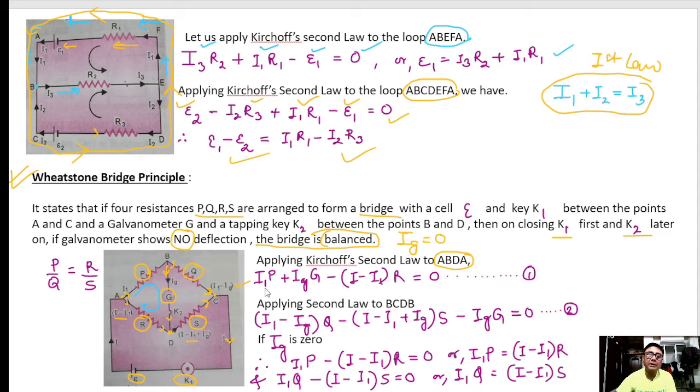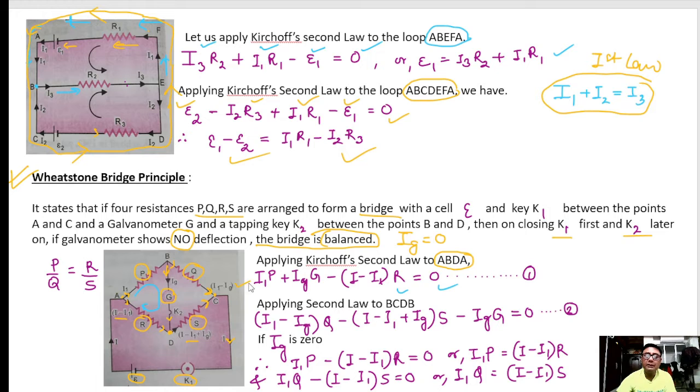So see how we are writing. We are going in the direction of the current, so I1P, in the direction of Ig, so it is plus Ig into G. And now we are moving opposite to the direction of the current, so it is minus I minus I1 into R, which is equal to 0.